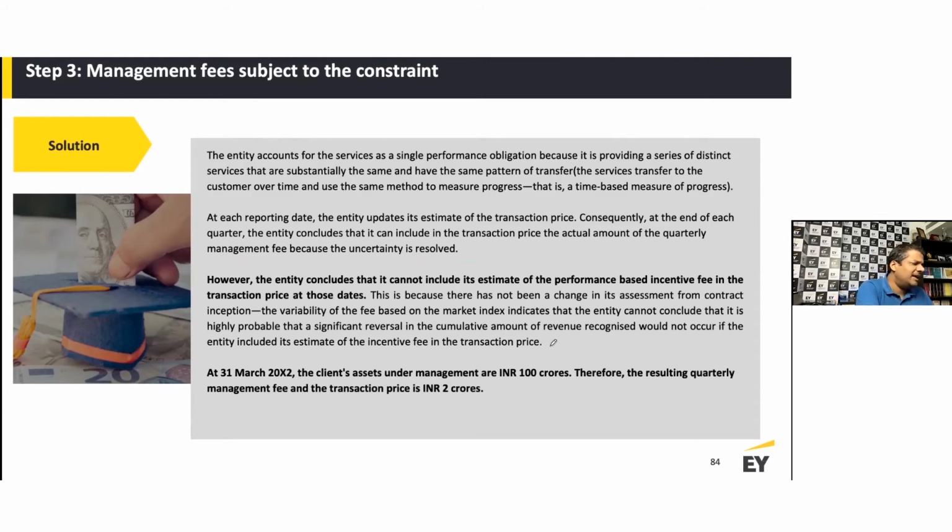So the entity accounts for the services as a single performance obligation, a series of distinct services that are substantially the same and have the same pattern of transfer. That is a time-based measure of progress. At each reporting date, you will update the estimate of the transaction price.